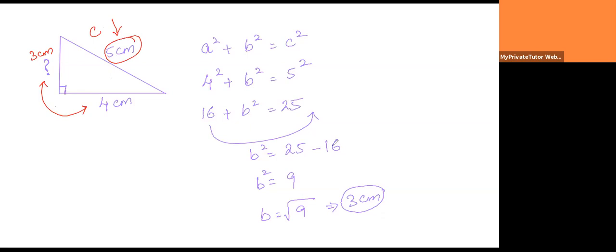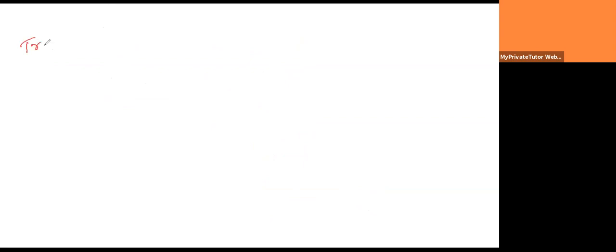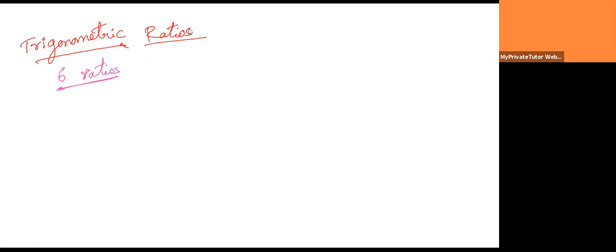Okay? So then we have trigonometric ratios. I hope you guys have heard of the trigonometric ratios. We have 6 trigonometric ratios. If you want to share with me what you know, please go ahead, else I will explain.